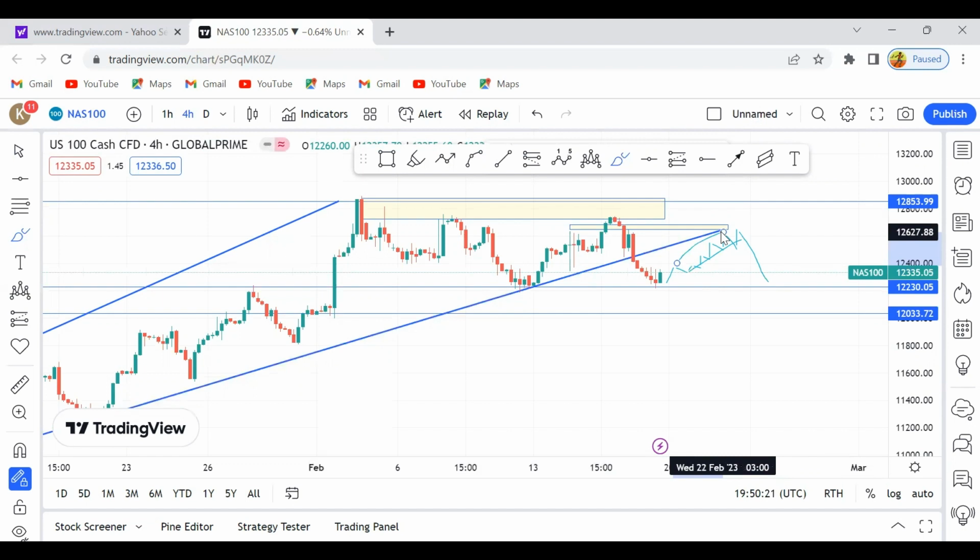So on NAS100, we're expecting a huge consolidation of a retest to this level here, respecting this zone here before going to the downside. But in other cases, we're expecting NAS100 to range like this before continuing to the downside.